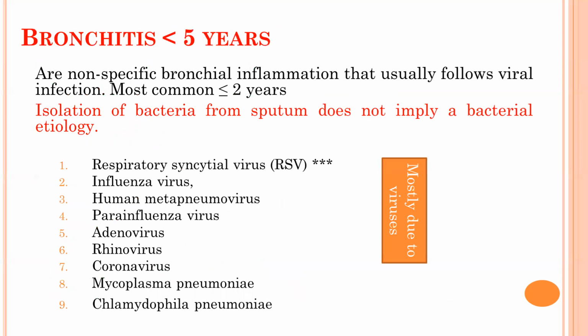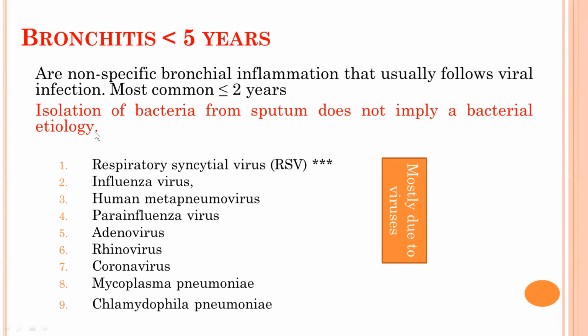Now, bronchitis in less than 5 years, and another bronchitis in adults and more than 5 years. These are non-specific bronchial inflammation that usually follows viral infection, most common in less than 2 years of age.